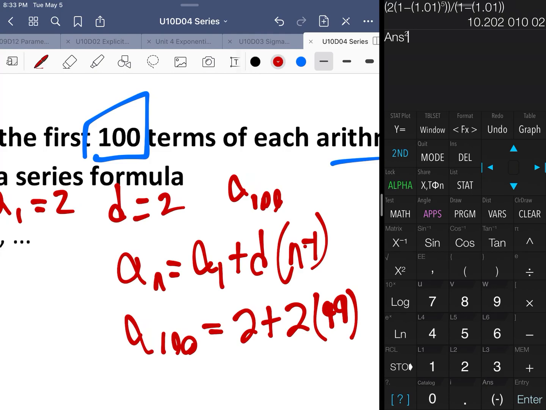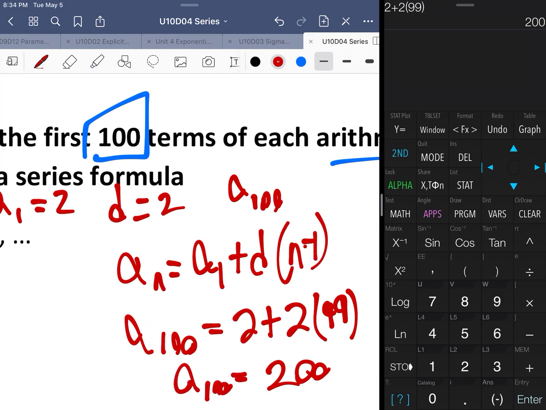In other words, we're going to add 2, 99 times to 2. So 2 plus 2 times 99. Whoops, hold on. 2 plus 2 times 99 is 200. So the 100th term here is 200. So that's what A100 is.